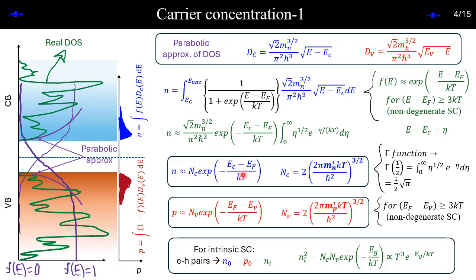A question can be asked: silicon has a band gap of 1.1, and the intrinsic carrier concentration is 10 raised to 10. If I reduce the band gap, will you get more intrinsic carrier concentration or less? More? Why?